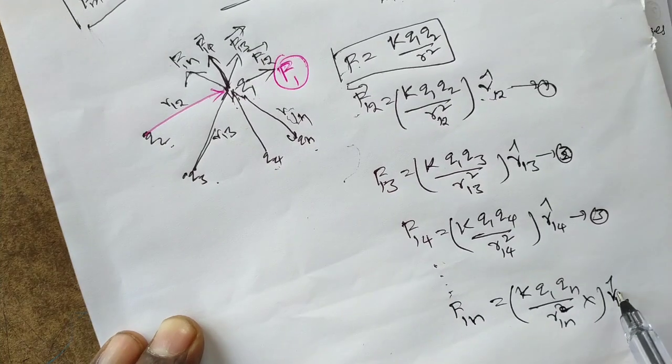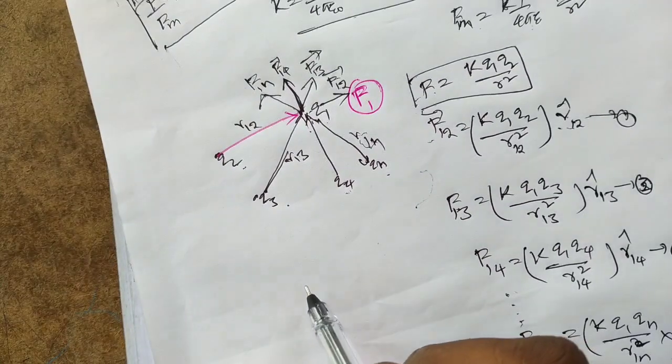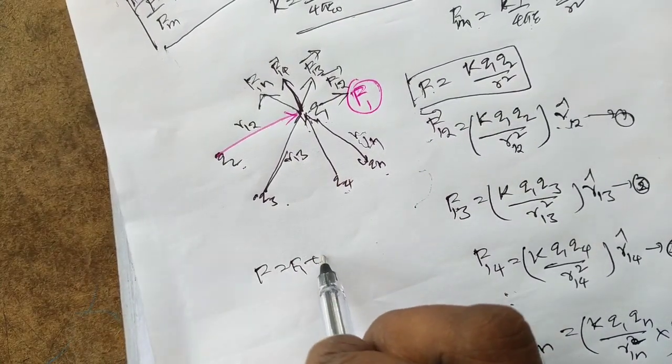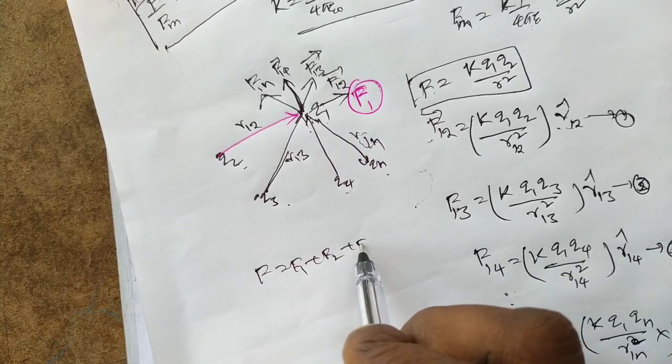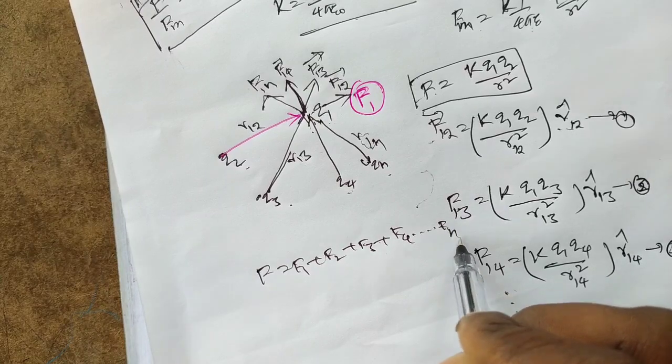That is equation number 4. According to the superposition principle, F is equal to F1 plus F2 plus F3 plus F4, like this, up to Fn.